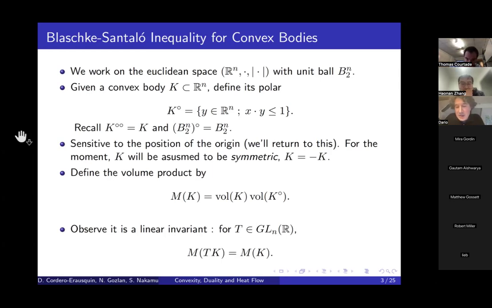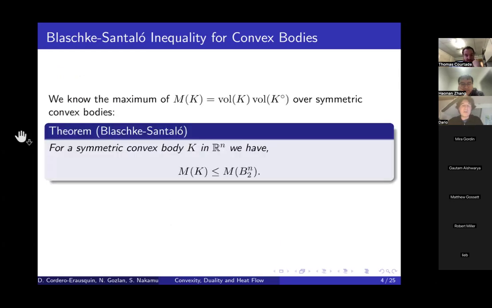So you can ask somehow what is the maximum or the minimum of this quantity over all symmetric convex bodies. And today we will be interested in the maximum of this quantity. And there is a famous result that says that this is maximal for the Euclidean ball, for any symmetric convex body. I have not checked the original proof by Blaschke-Santalo.